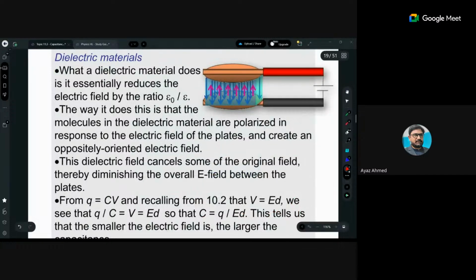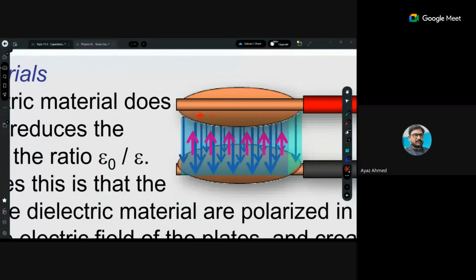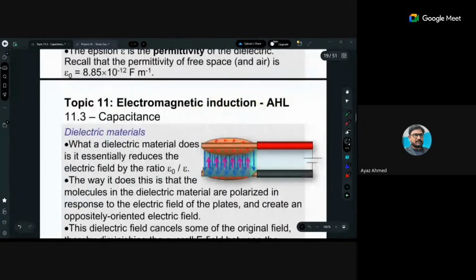When you place this dielectric between the plates, that dielectric will have the electric field lines on it. This plate is negative, so there would be an electric field, from positive to the negative plate, and due to that there would be a force of attraction between them, and then the energy would be stored over there.